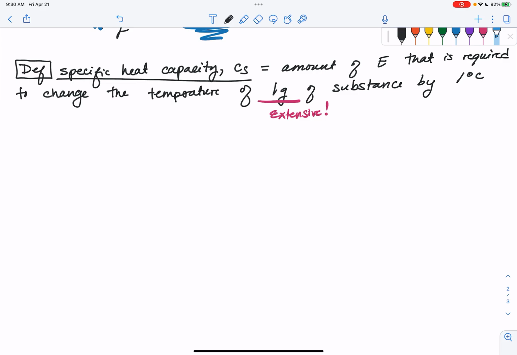So let's look at the units of specific heat capacity. This is still our proportionality constant that relates heat and our change in temperature, but the units are now in joules per, instead of degrees Celsius, per gram degrees Celsius. So the amount of energy in joules that is required to change the temperature of 1 gram of substance by 1 degree Celsius.